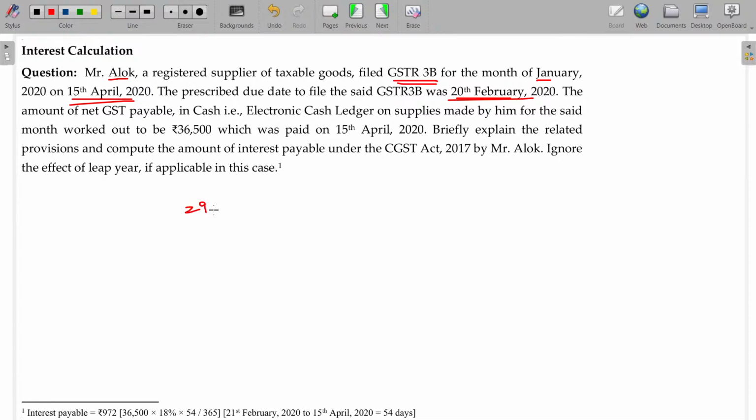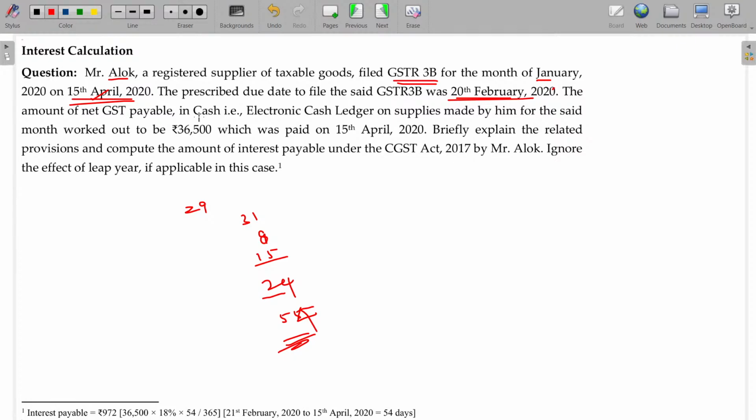Leaving 20, 21 to 29, 9 days, and February, March also we have 31 days, April 15. So overall 55 days. If it is not a leap year, then it will be 54 days.